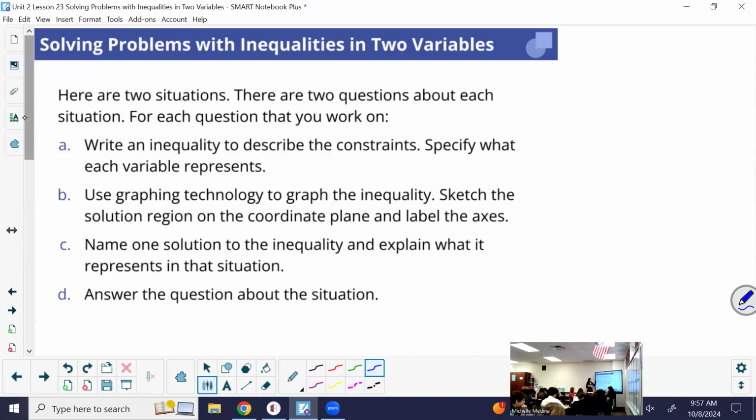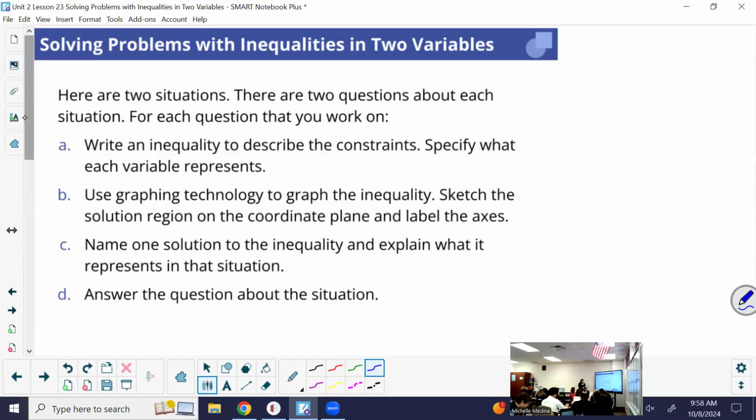What you will do, and you can talk about it in your groups, but you should probably try it yourself first, is you're going to write an inequality to describe the constraints. What's another word for constraints? Restrictions, things that are limiting in the situation. So use your critical thinking skills. What is a restriction that you're talking about?